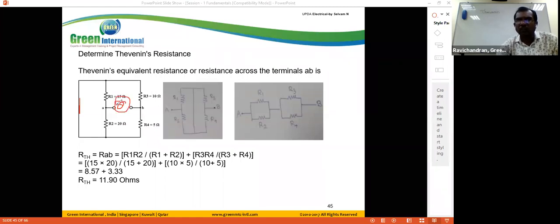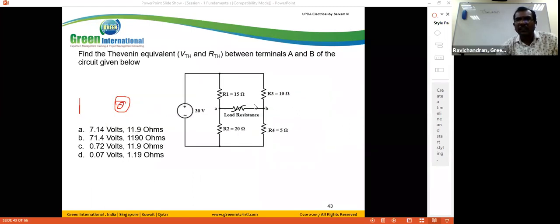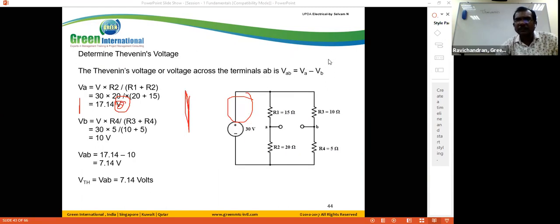You go to that circuit. Here we have this load resistance. We remove the load resistance and short circuit the voltage source. If you do like this, the circuit becomes like this.